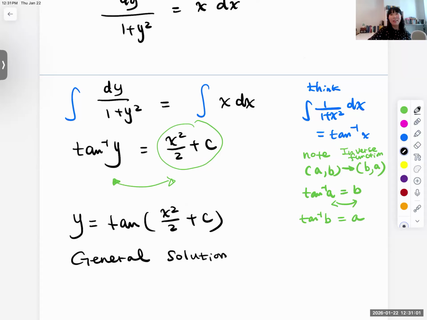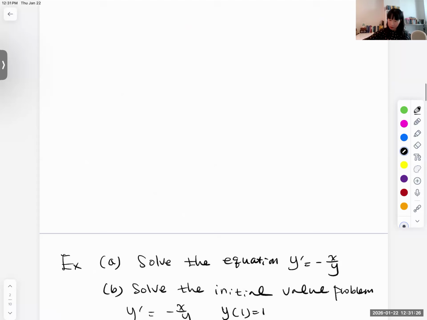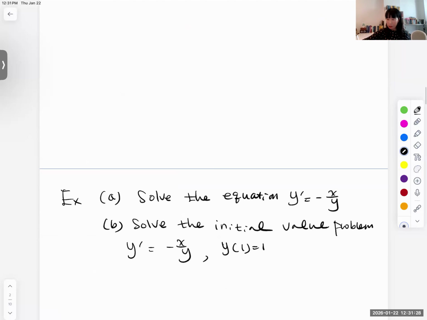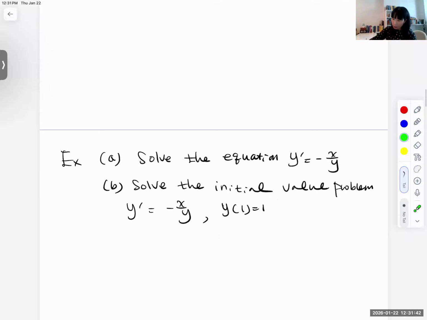Okay, so let's take a look at other questions. We have to solve the equation, and this time they give us an initial value. We had that experience in the last couple of sections, right? Okay, let's do this one: y y prime equals minus x over y.